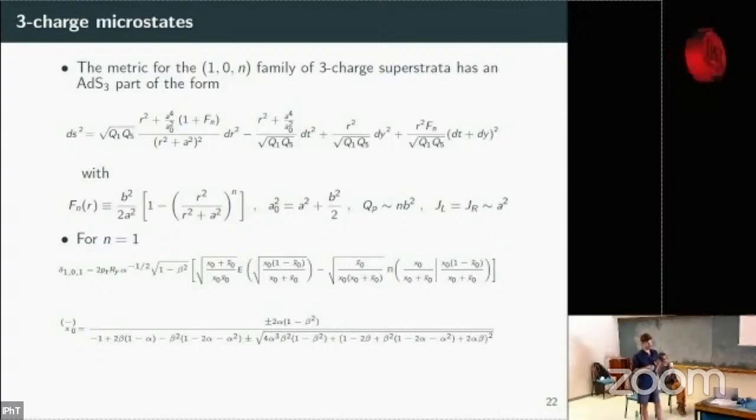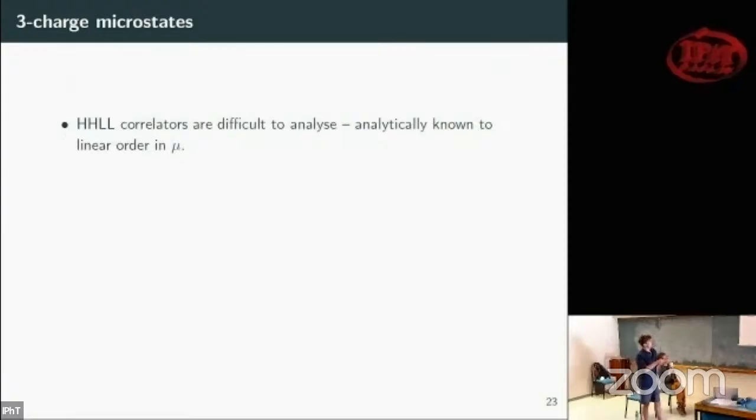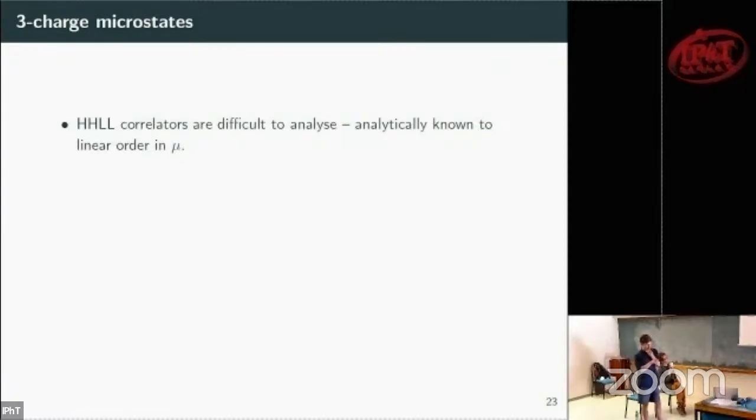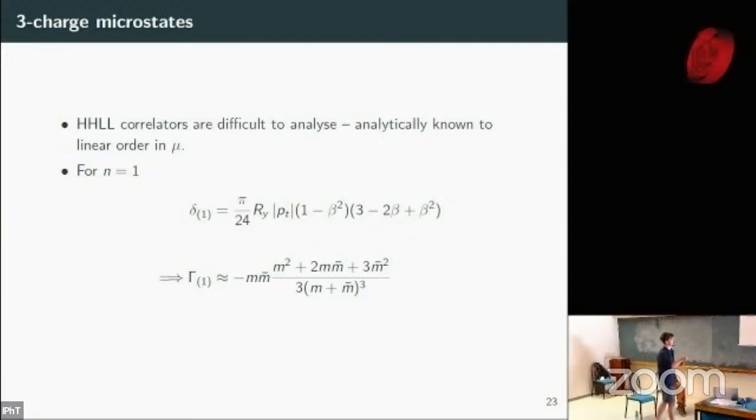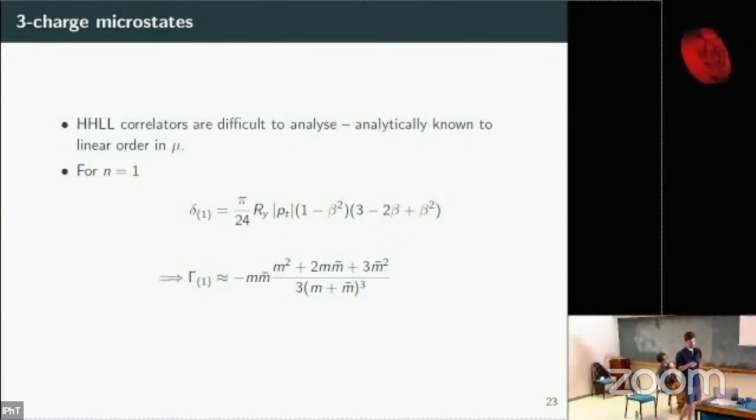In this case of n equals 1, we also have, at least to leading order in mu, the relevant heavy-light correlator. And so you can study a similar problem to the one I described in the two-charge case. We're already pretty confident this dictionary, this whole technology works. So matching things at leading order in mu is not that surprising, maybe not that interesting.